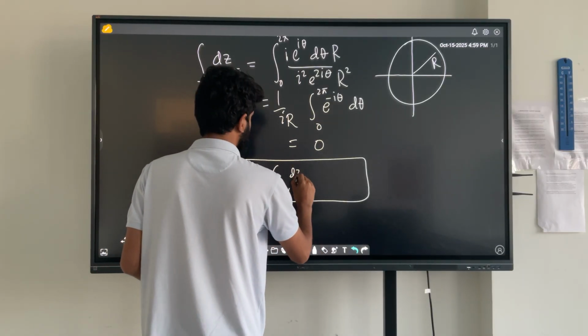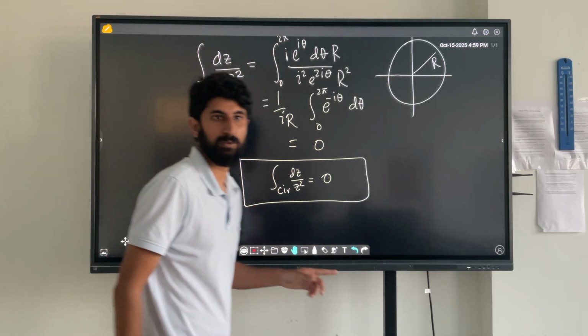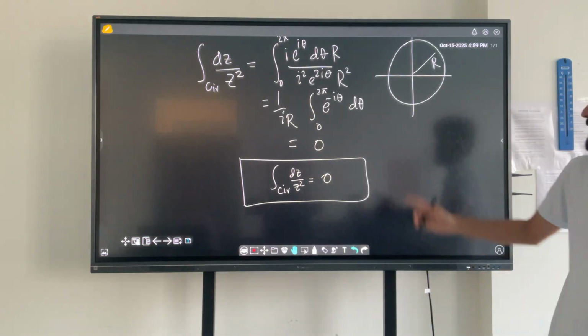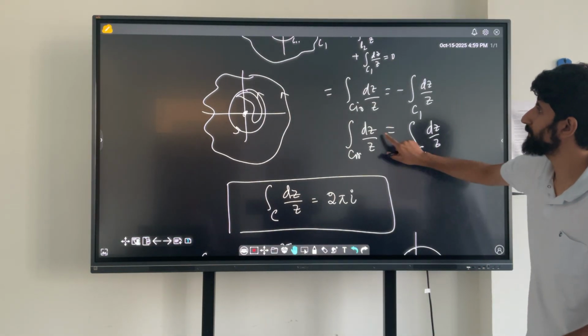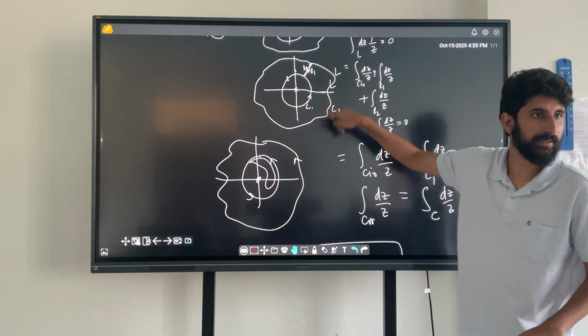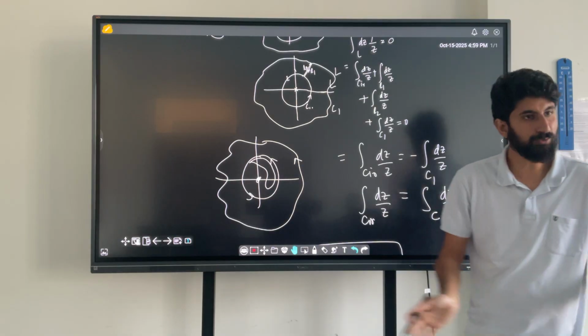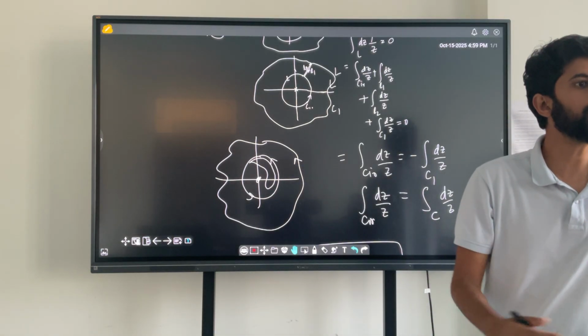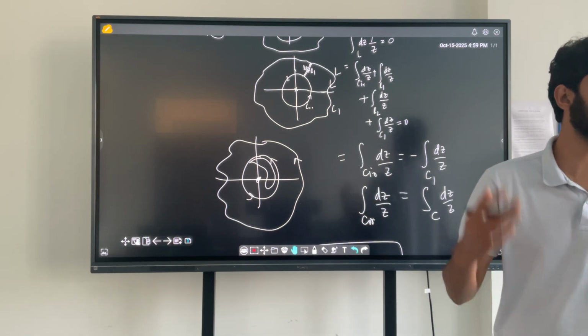Once again I can use the same argument that I used for the circle. It's not true for the circle only; it's true for any closed loop.